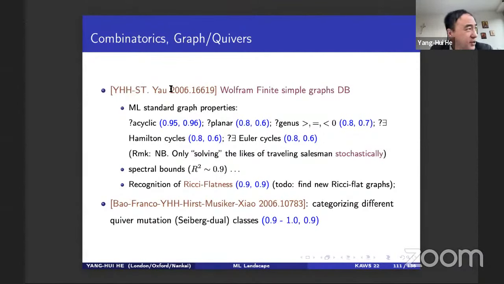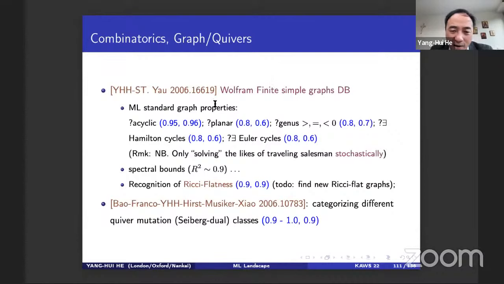This project started because Yao was asking me about generalizations of Ricci flat graphs. So this was his very specific problem. He wanted to generalize what he is most famous for, which is Calabi-Yau manifolds and Ricci flatness. He wants to see whether there's a discrete version of Ricci flatness, whether there's a notion for finite graphs which have a Ricci curvature that's finite.